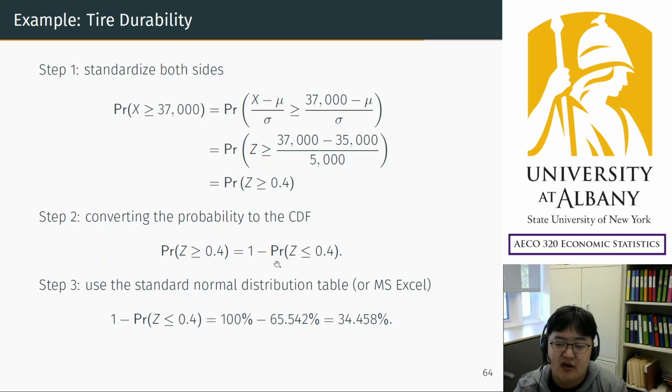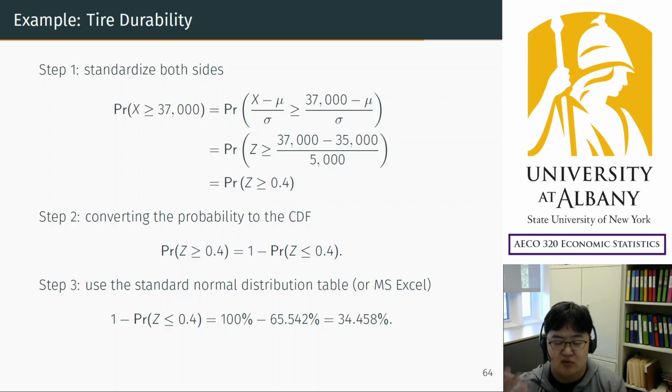And you find the CDF at 0.4 from Excel. Then you will get 65.542% for the probability smaller than 0.4. And then the probability greater than 0.4 becomes the other 34.458%. Right?